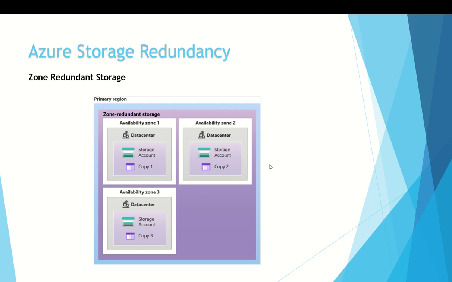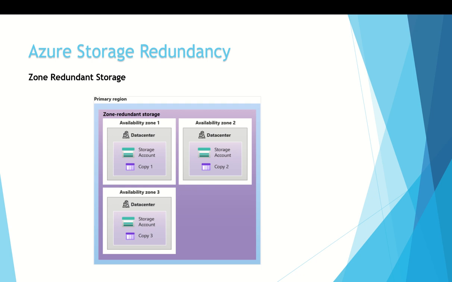So zone redundant storage replicates your data asynchronously across data centers within one or two regions, in addition to storing 3 replicas similar to LRS, thus providing higher durability than LRS. Data in ZRS is durable even if the primary data center is unavailable or unrecoverable.